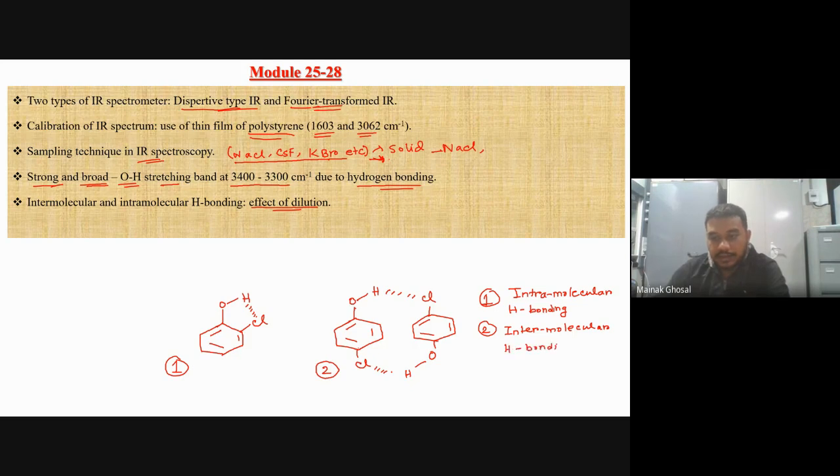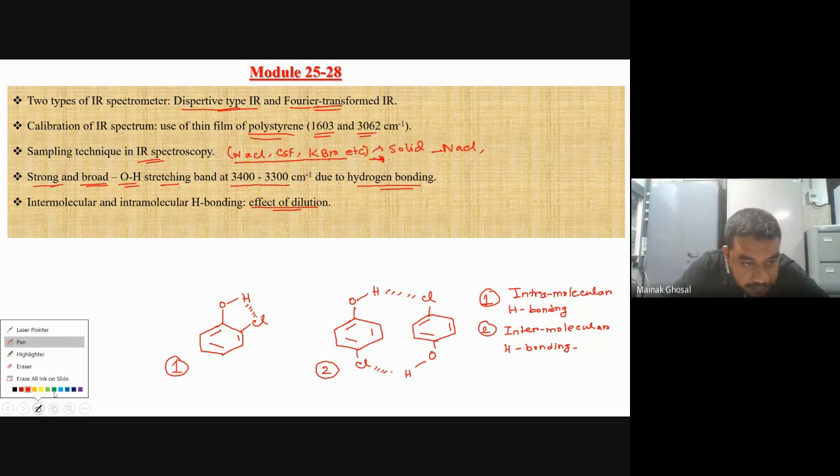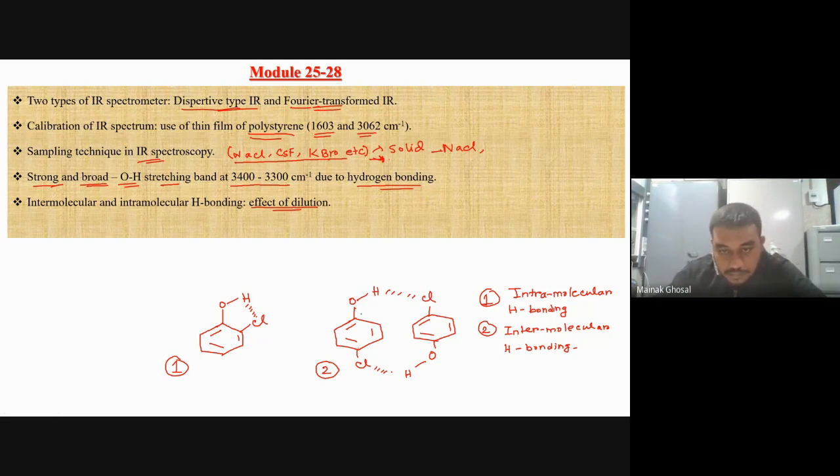That means for intramolecular hydrogen bonding, the hydrogen bonding will happen within the molecule. But for intermolecular hydrogen bonding, the hydrogen bonding will be from different molecules, here H from one and Cl from another.